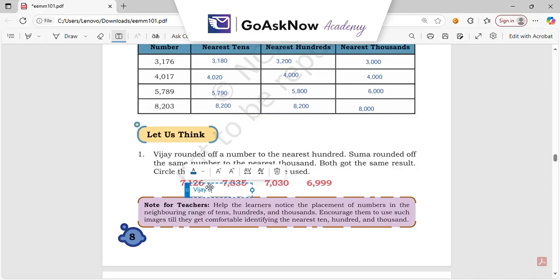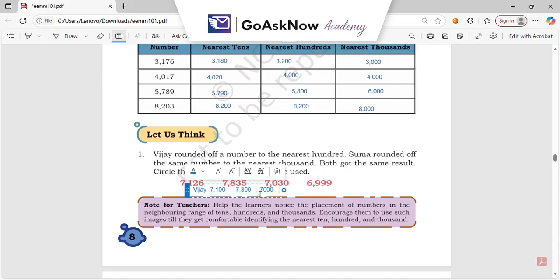First one, how Vijaya calculated: 7126 to hundreds. That means 26 is less than 50, so it is 7100. After that, 7300 is 7000.